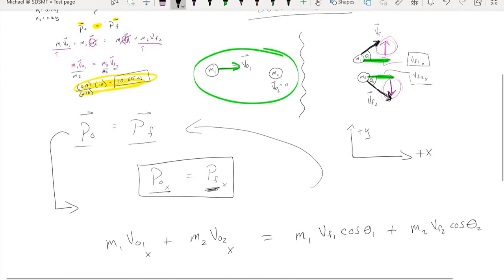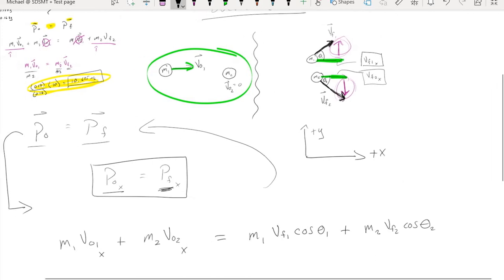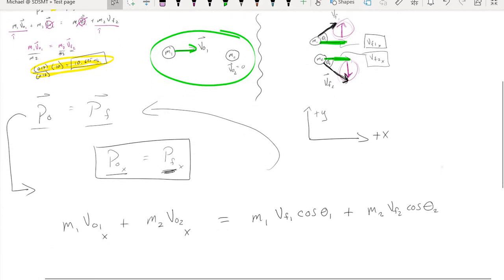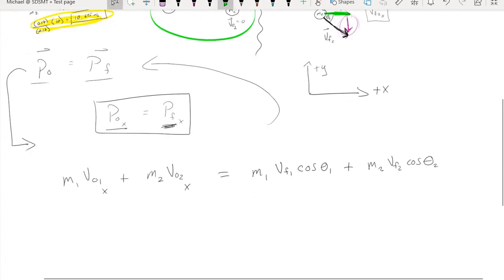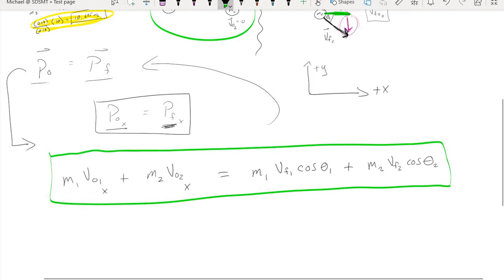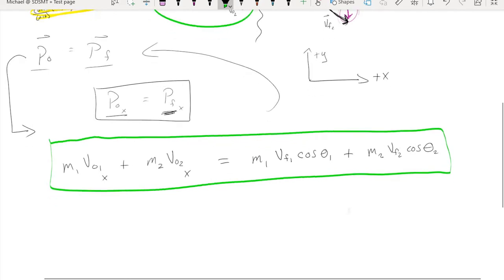That provides us with the x component of final velocity for mass 2. Now, these two expressions were added together. Why? Because each of them is pointing in the positive x direction. So they will combine as an addition. That is our conservation of momentum equation for the x direction.